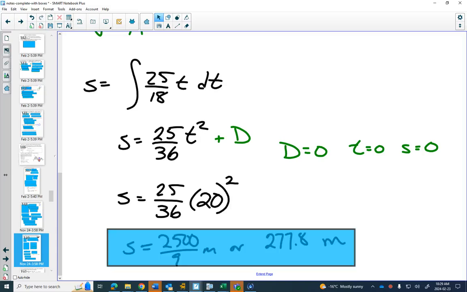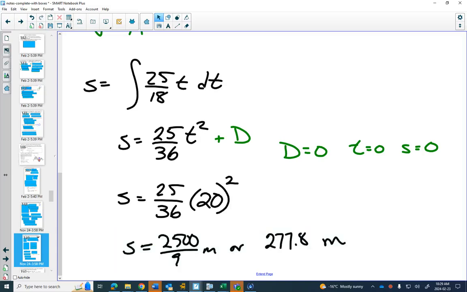Now we can plug in that 20, and we can find out that in the first 20 seconds, you would go from 0 to 100 kilometers per hour in 277.8 meters.